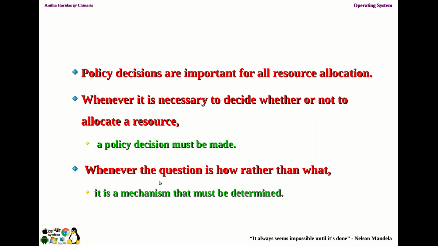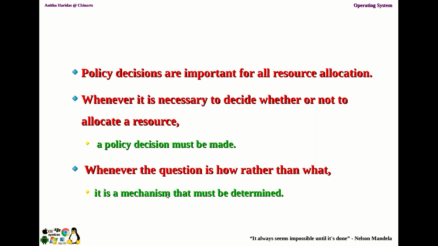So whenever the question is how, then it is the mechanism. How the decision is made. Whether to allocate a resource or not is done by the policy decision. Once you have decided, how you are going to allocate the resource, that is the mechanism, right?